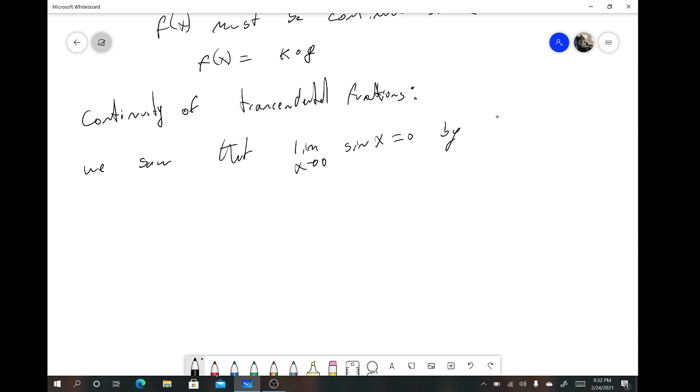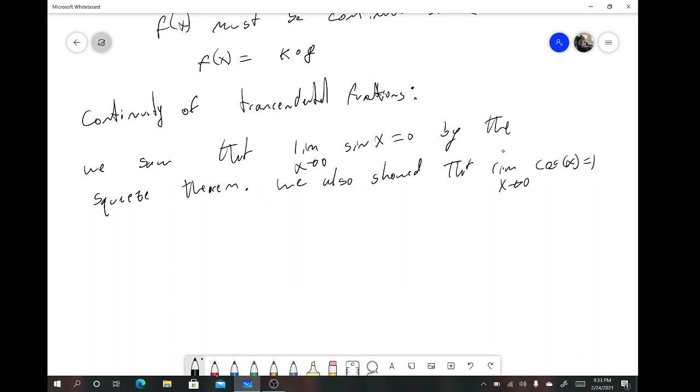We proved this earlier in, I believe, lecture 5. And we also showed that the limit as x goes to 0 of cosine of x was equal to 1, also by using the squeeze theorem.